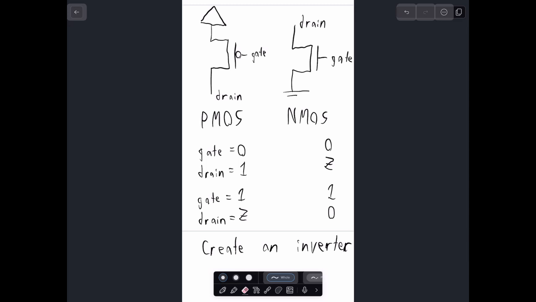It's going to be driving the drain as 1. But if this is 1, then is the NMOS or the PMOS activated now? Yeah, it's going to be the NMOS now. Very cool. So what's so great about this structure right here is that this is called a CMOS inverter.